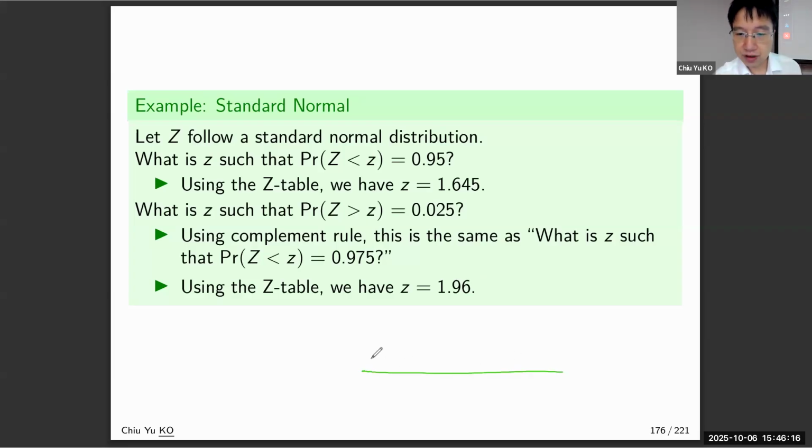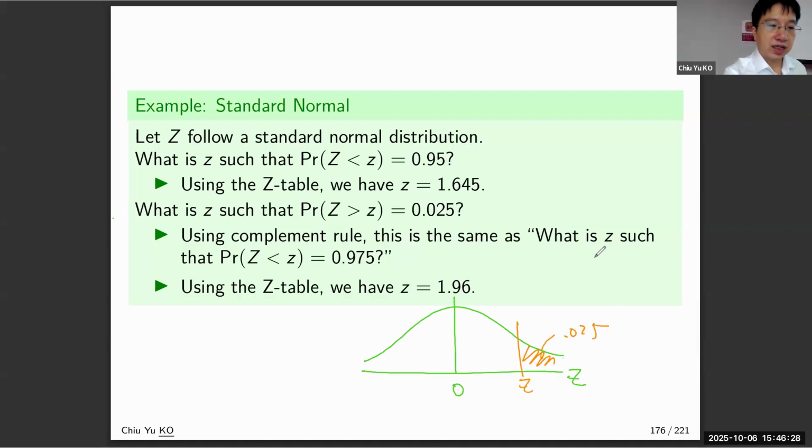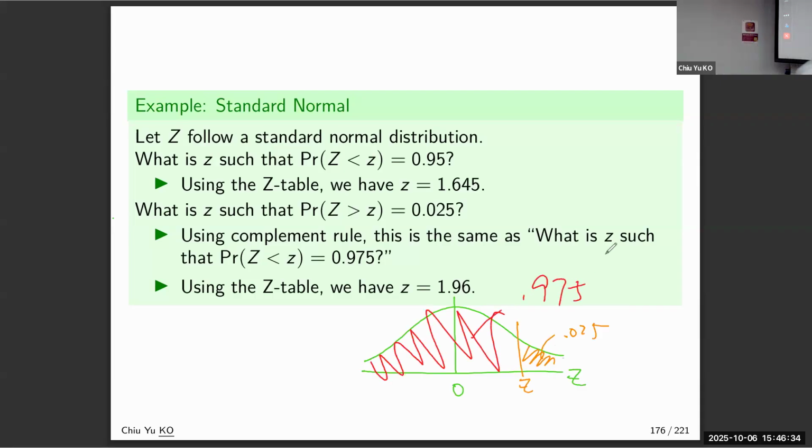This is 0, this is Z. The area given to me is this, 0.025, and that means this area is 0.975, because they must add to 1. Look at the table where it's closest to 0.975. That will be 1.96.